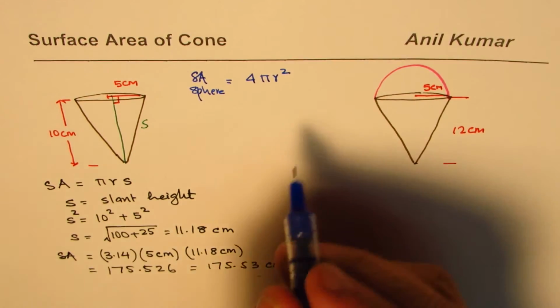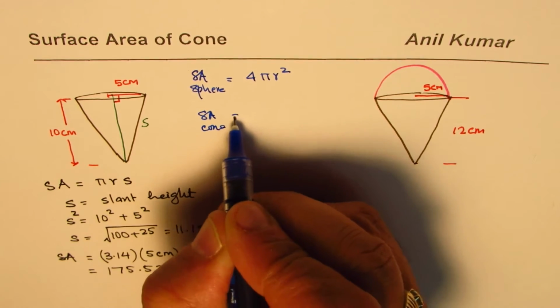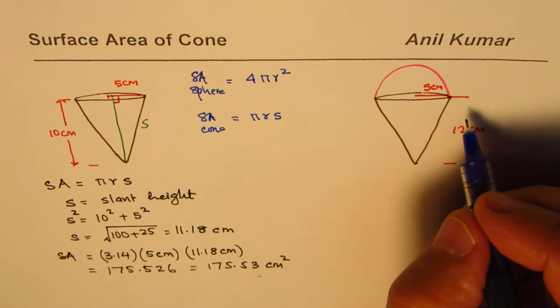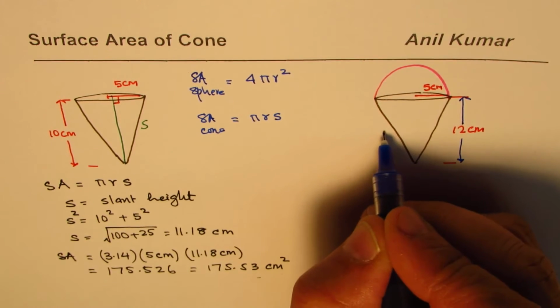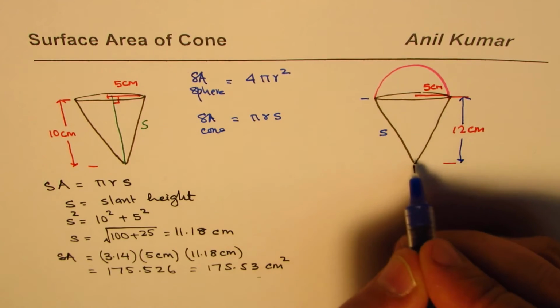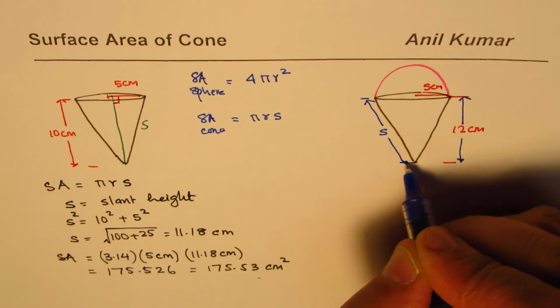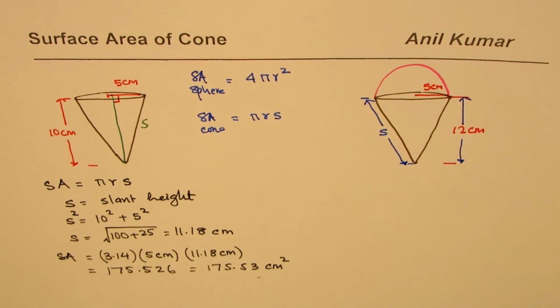Take this as a formula, and you know the surface area for a cone is pi r s, where 12 is your height and s is this slant height. Let's apply these formulas and calculate the result.